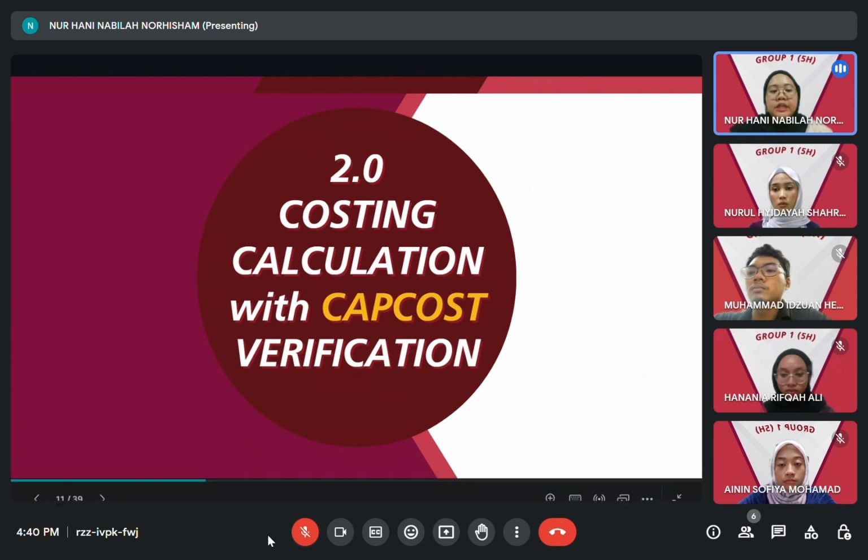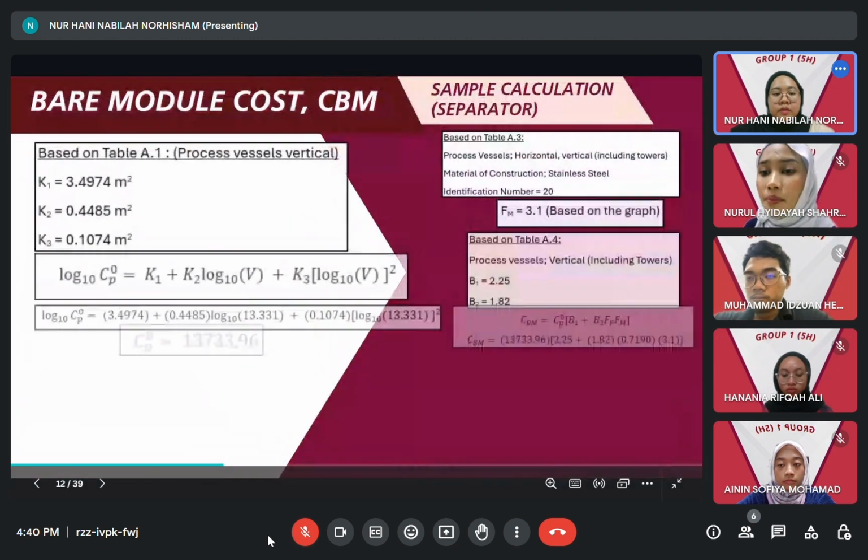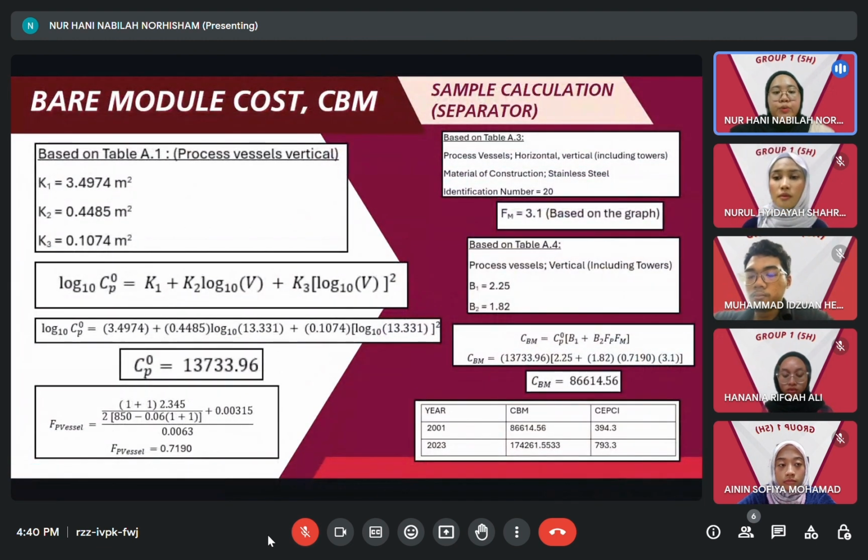Next, moving on to the next part of the presentation, which is the costing calculation with CAPCOST verification. Firstly, we have managed to calculate the bare module cost for each of our equipment. This is a sample calculation for one of our equipment, which is the separator vessel.